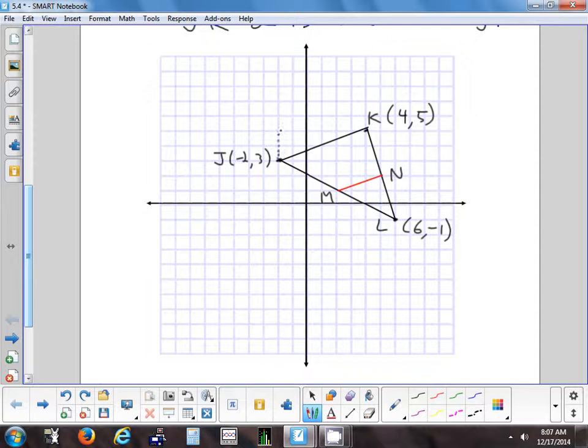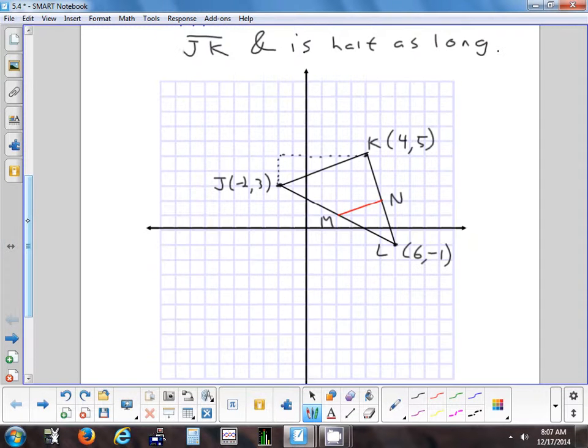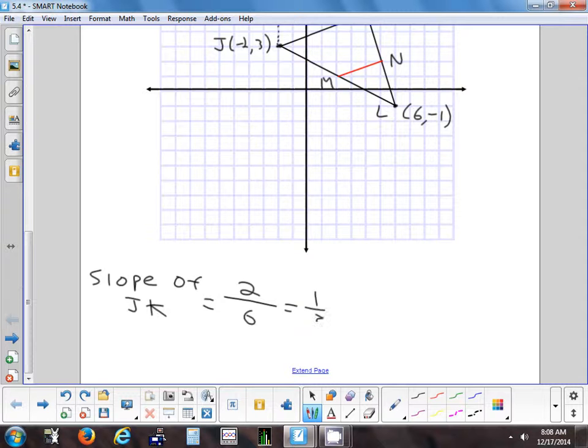There's your rise. There's your run. You can simplify that. What's the rise before we simplify? 2. What's the run? 6. See, 1, 2, 3, 4, 5, 6. Yep. And if we reduce it, we get a slope of 1/3.